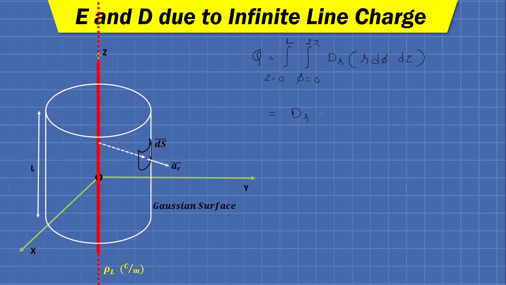The radius r is also a constant, so it will also be taken out. Integration of 1 with respect to phi will be phi itself with lower limit 0 and upper limit 2 pi. Again, integration of 1 with respect to z will be z itself with lower limit 0 and upper limit capital L. So putting these limits in the right hand side of this equation, we will have 2 pi r L into Dr, and now the value of Dr will be equal to Q upon 2 pi r L.